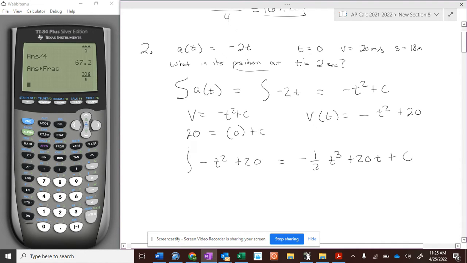Okay, that is a position function. Now, what's c going to be if I plug in a 0? 18. So our position of t equals negative 1/3 t cubed plus 20t plus 18.